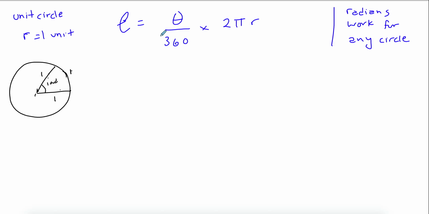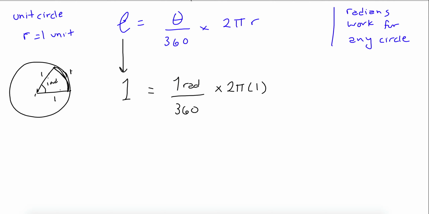So the length of this arc is 1. The degree is 1 radian. Let's just write 1 radian now. This is going to be a bit weird. Over 360. And the radius here is 1. So we have a nice equivalence here.